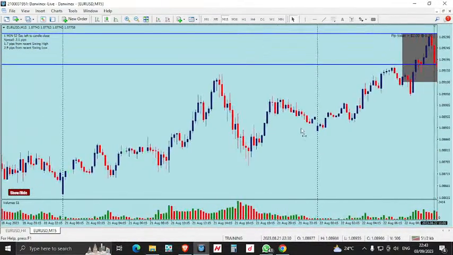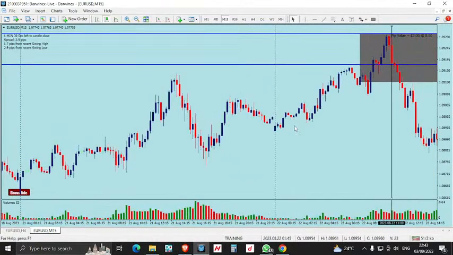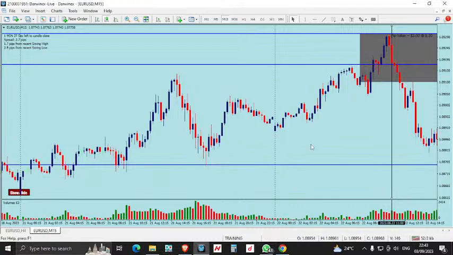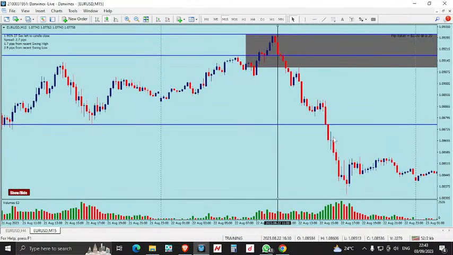Okay, in this situation, if we want to use a take profit, we have to target our profit here, some of those swing lows. This is where we target our take profit.